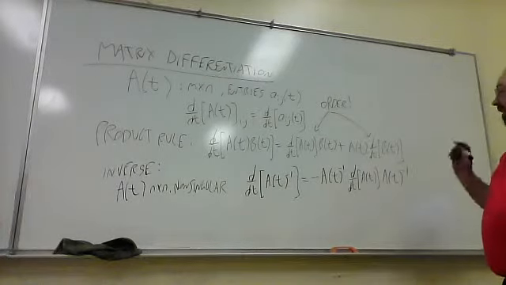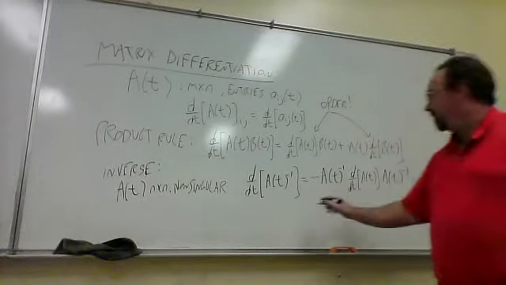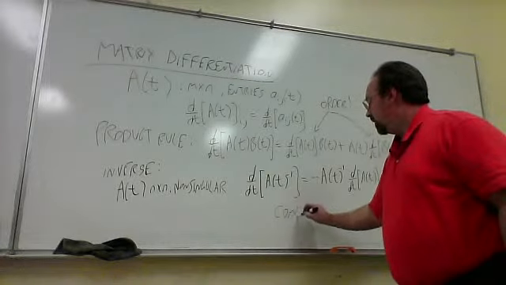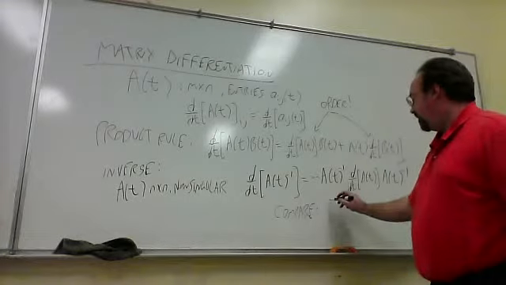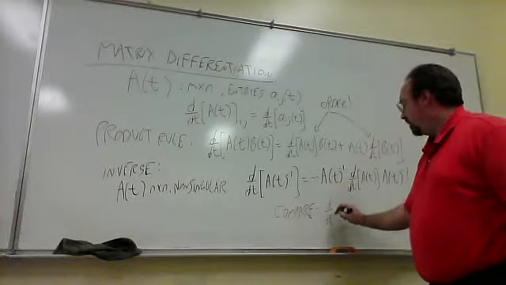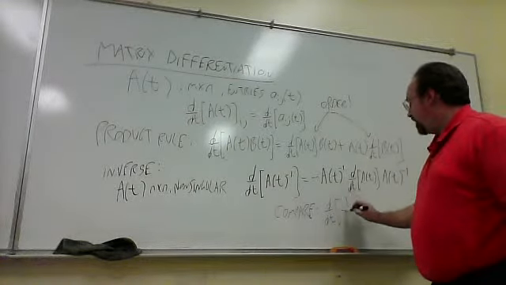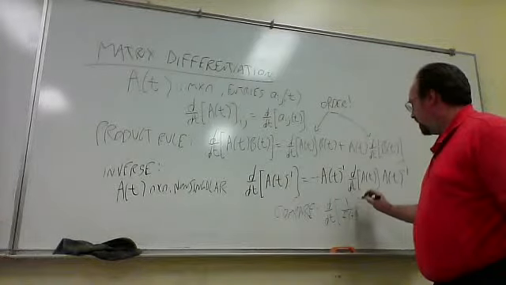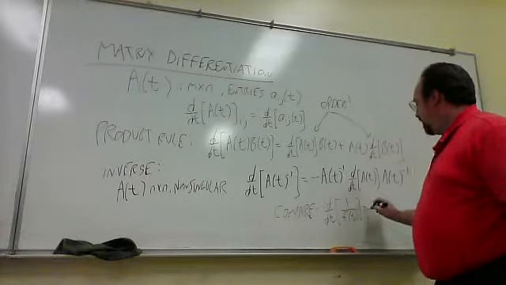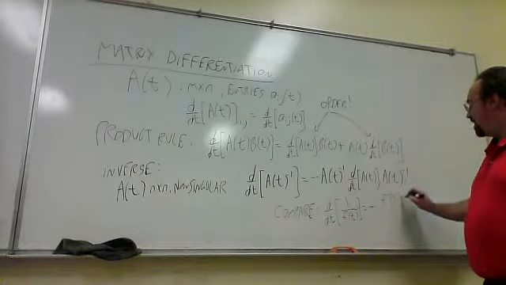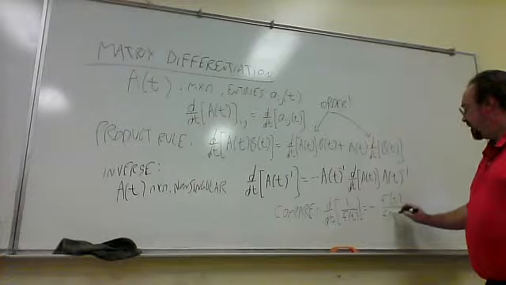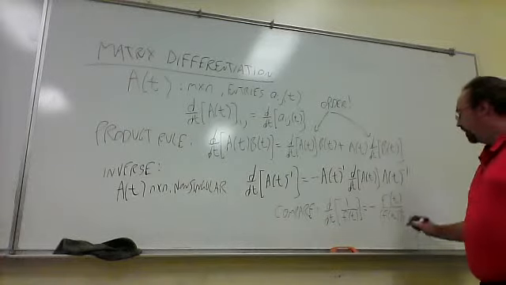Now, if you compare this to the rule for differentiating the reciprocal of a function, so if I just have 1 over f of t, the derivative of that is going to be minus f prime of t over f of t squared.